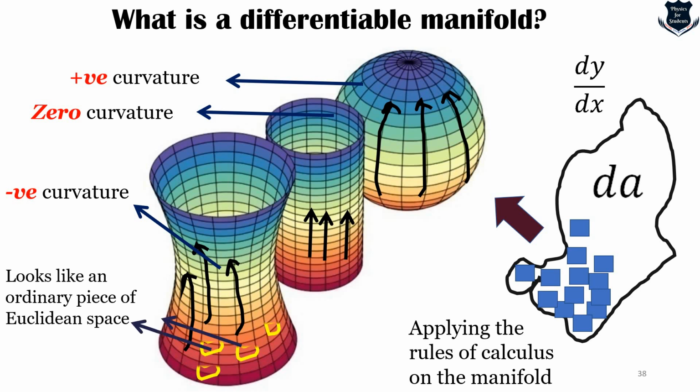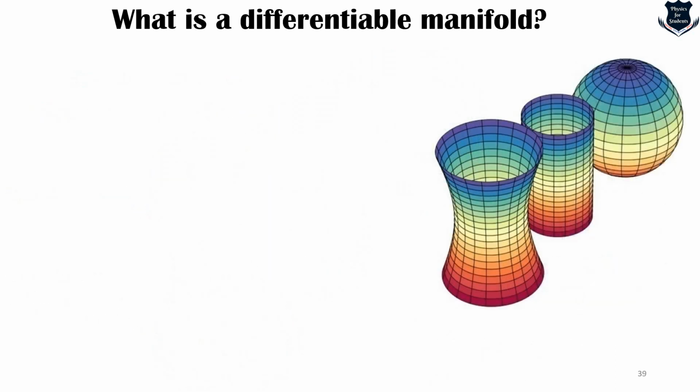We can see that these yellow points which are emerging look like an ordinary Euclidean space. So this is the basic concept: whatever lines we are drawing on a manifold should look locally like a Euclidean space, and because it is locally Euclidean, we can use calculus to do that.